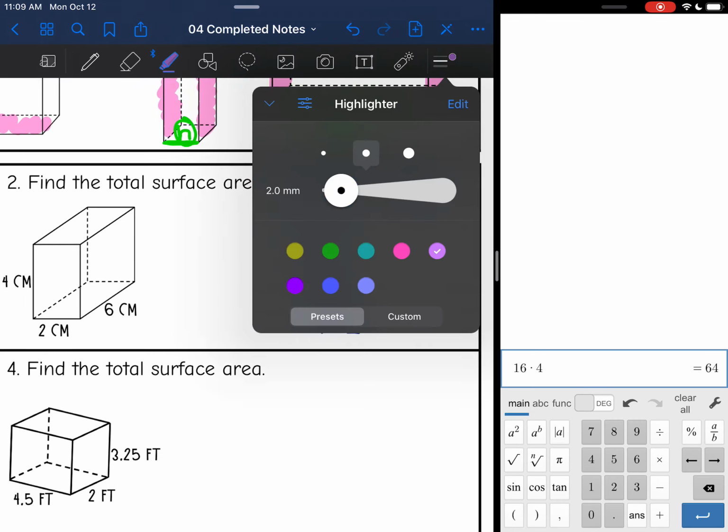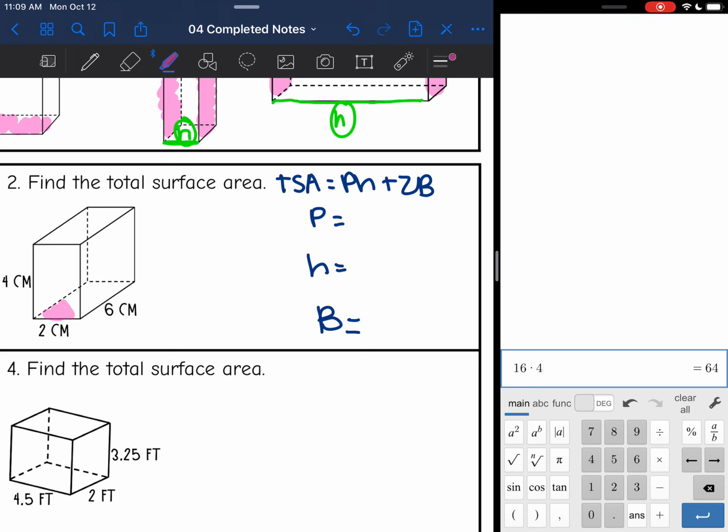I'm going to shade my bases and circle the height of 4. And I'm going to write down 4 for the height, and then I'm going to cross it out because I'm not using it again. And now I need to find the perimeter of the rectangle, which I do by adding 2 plus 6 plus 2 plus 6, and we did that last time and got 16.